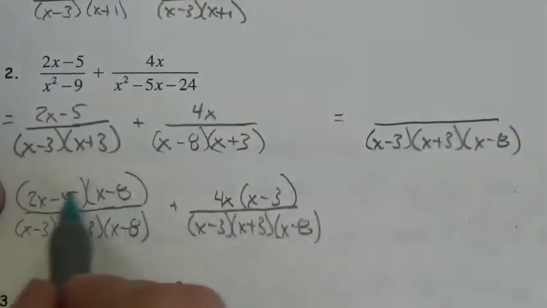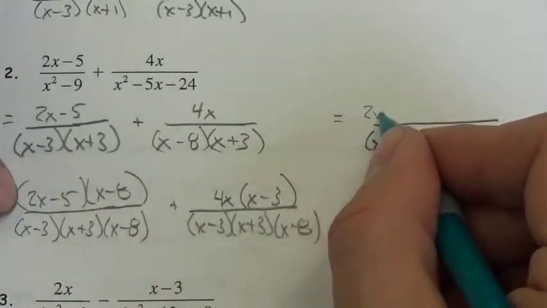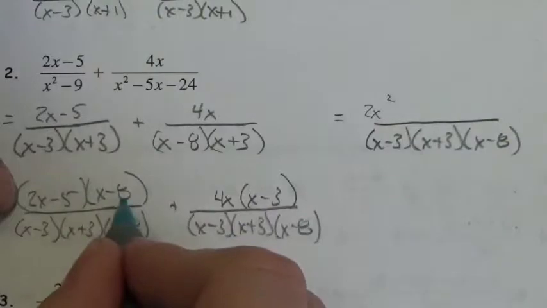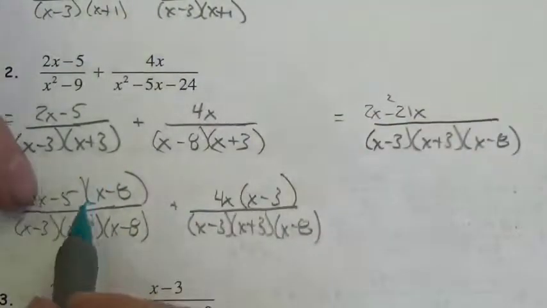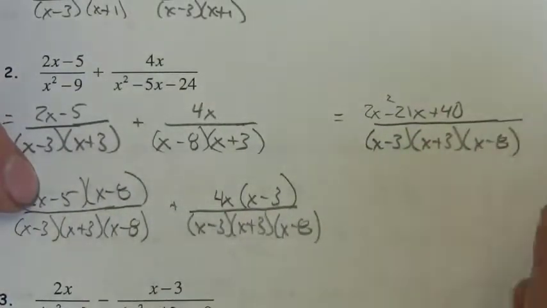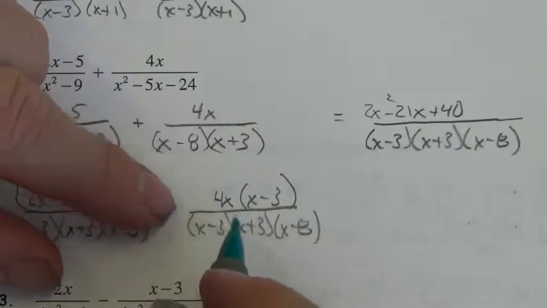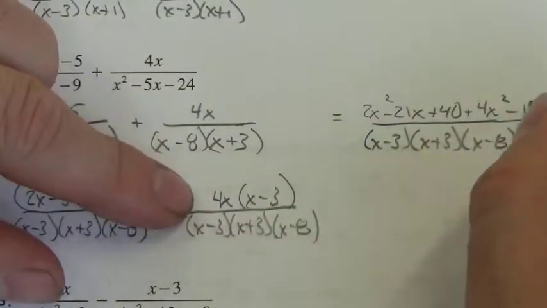And now I'm just going to expand. So 2x times x will be 2x squared, minus 16x, minus 5x, so minus 21x. The negative 5 times negative 8 will be positive 40. Over here, when I distribute that through, I get positive 4x squared minus 12x.